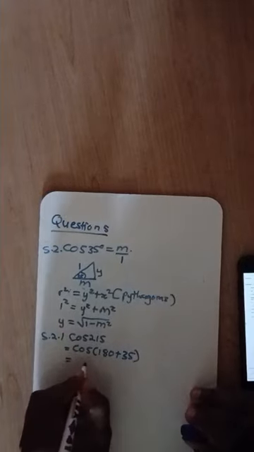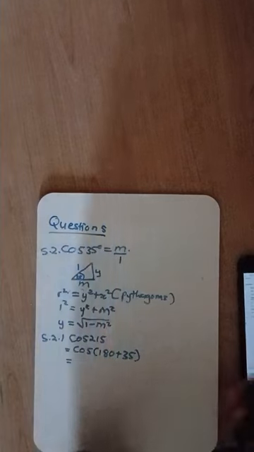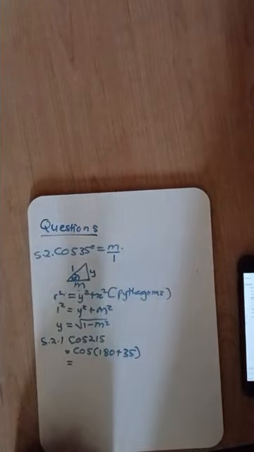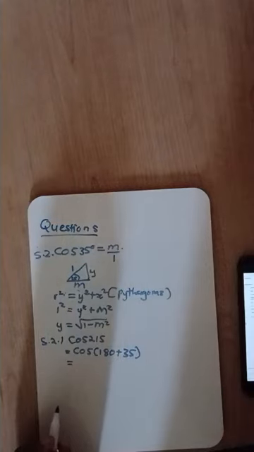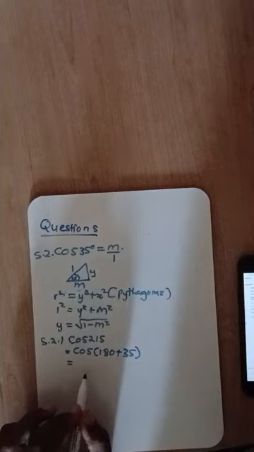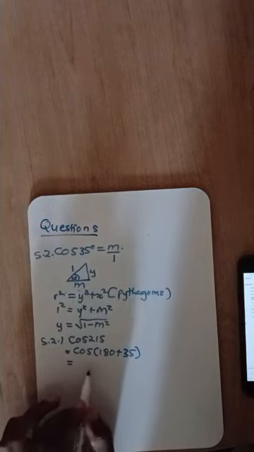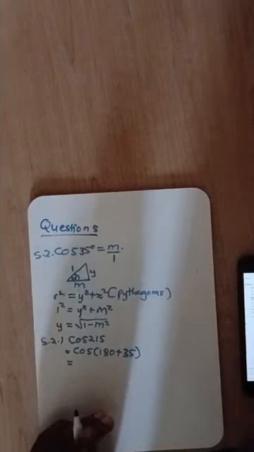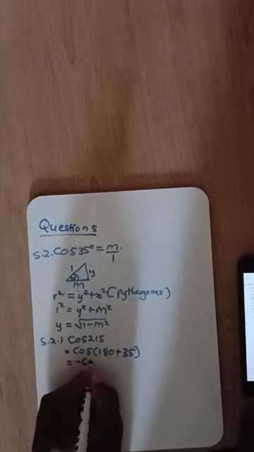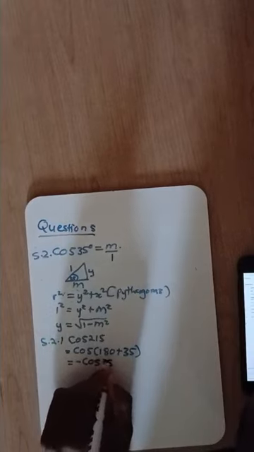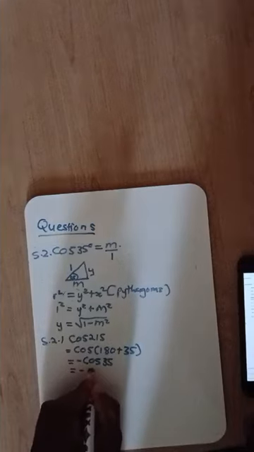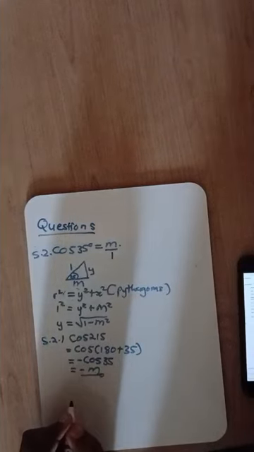We know 180 plus is in the third quadrant, where only tan is positive. And cos is only positive in the first and the fourth quadrant. So this is going to be minus cos of 35. And already we're given that cos of 35 is equal to m. So this is equal to negative m. Just like that. That's how you get your marks.